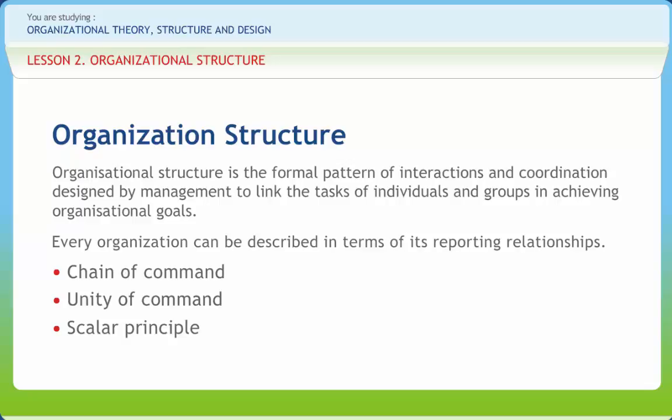The formal organizational structure begins with the chief executive and extends to the least skilled employee and delimits the reporting relationships in the organization. The scalar principle states that there should be a clear line of authority from the position of ultimate authority at the top to every individual in the organization.